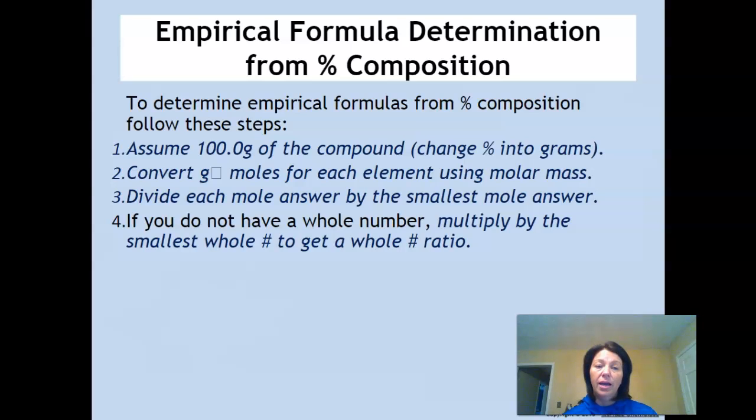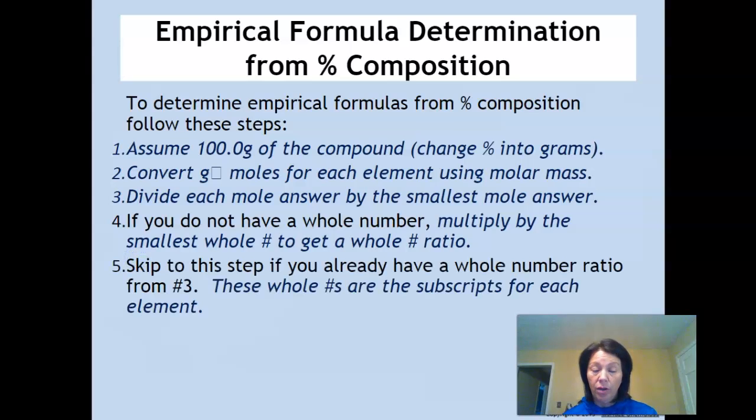Okay, and 6.9 easily rounds up to 7, so we just use it that way. And then if you divide through and you get whole numbers, these are going to be your subscripts. You don't have to do anything else. So if you haven't looked at yesterday's examples and you haven't worked number 2 in the practice problems, this would be a really good spot for you to do that. And then that will help you understand better what steps 4 and 5 mean.